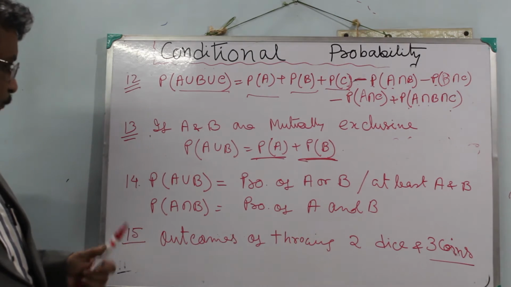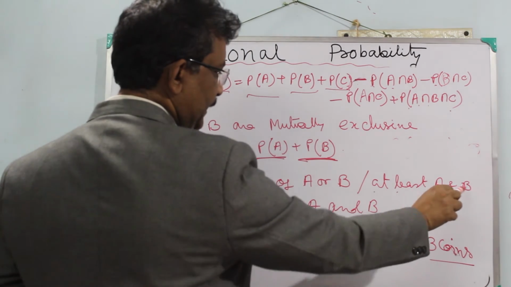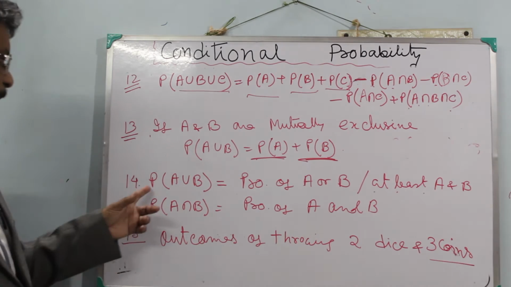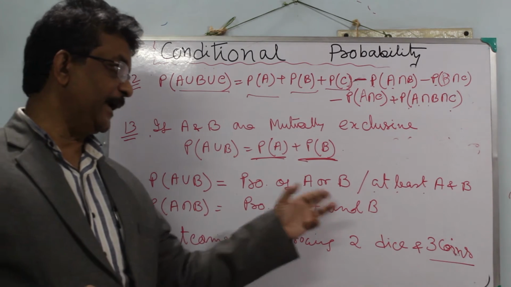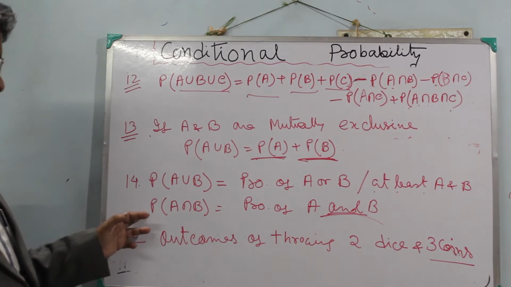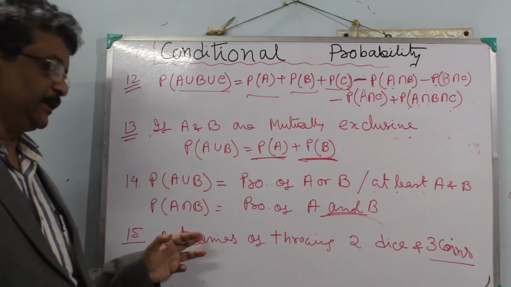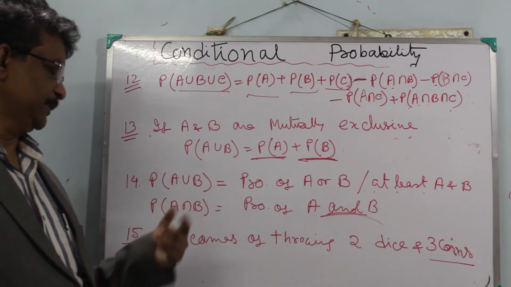Now in words, if you see probability of A or B, or at least A and B, it means probability of A union B. If it says probability of A and B, you are asked to calculate probability of A intersection B, both A and B.